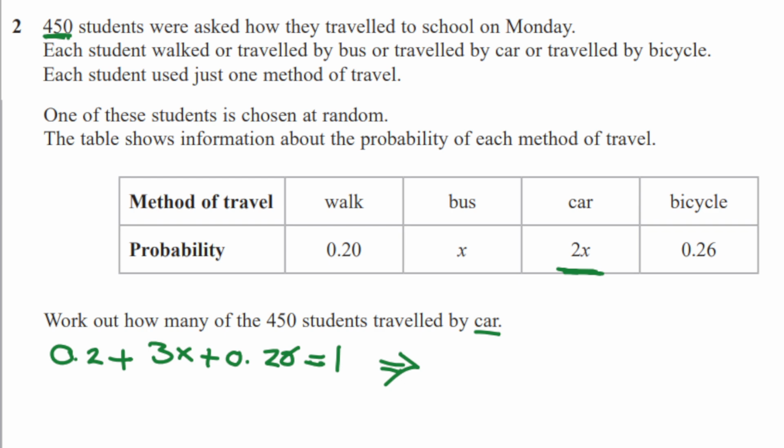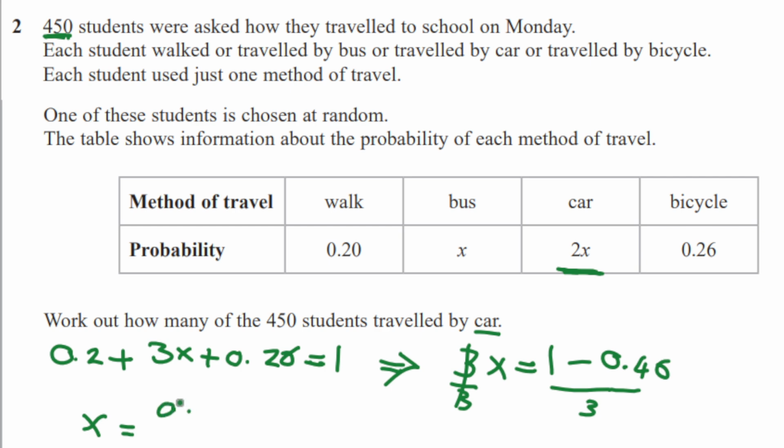Move it to the other side, you will have 3x equals 1 minus 0.46. Divide by 3, divide by 3 here, we'll have x equal 1 minus 0.46 is 0.54. Divide that by 3, so x is 0.18.